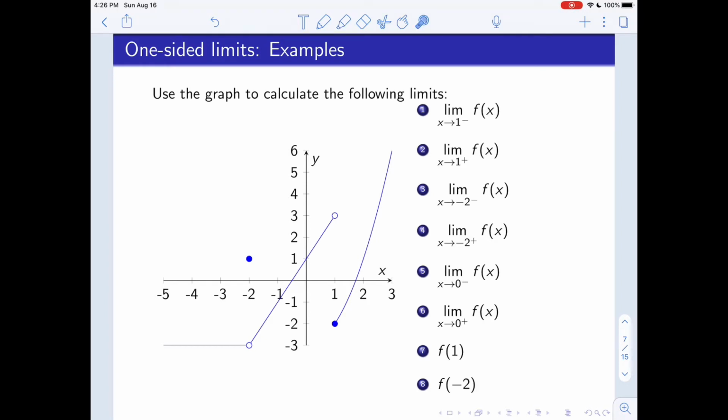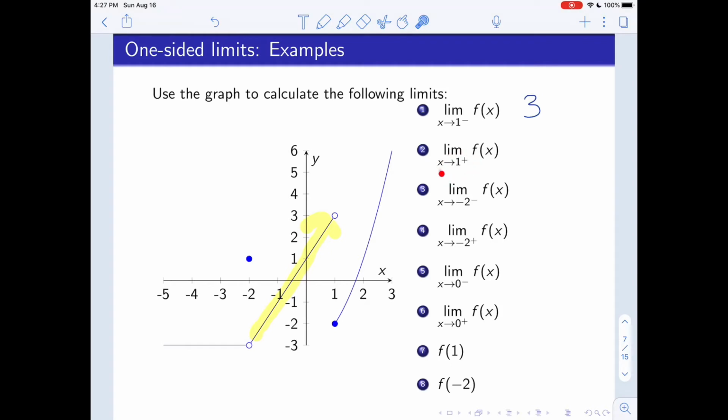So here's 1. 1 has 2 parts of the graph that correspond to it. I want to look at the left part of the graph. So the part of the graph that would be on the left moving towards 1 would go this way. And it looks like that part of the graph, the y values are headed towards 3. Because this point right here, its y value is over here at 3.